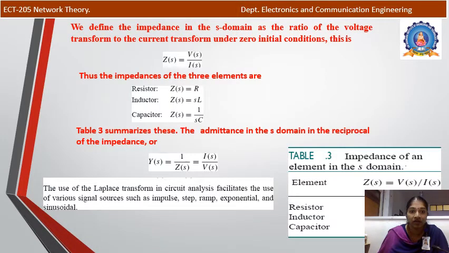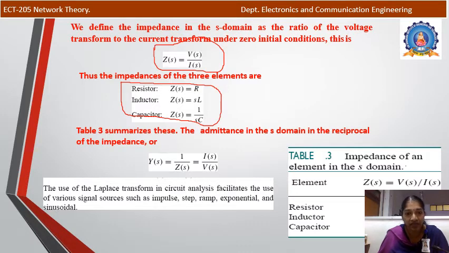So the thing that I already mentioned, it is Z of S is equal to V of S by I of S. The impedances of the three elements are given here. Resistive impedance will not change when we are changing from time domain to frequency domain or S domain, whatever be the source value, AC value or DC value, the resistor value will be unaffected, or it will be constant for AC and DC.